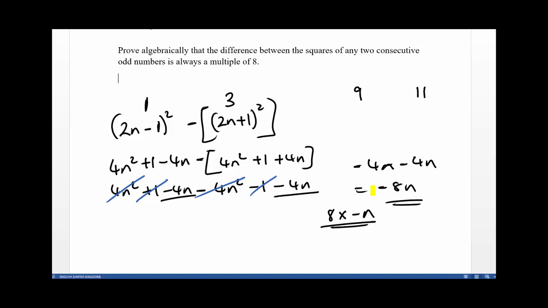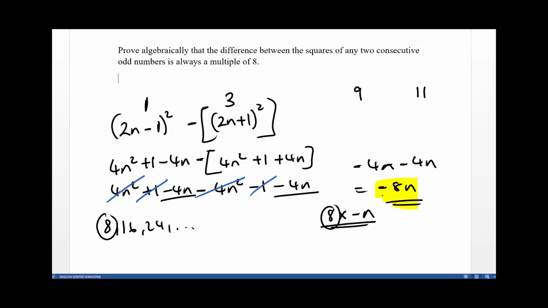Let me highlight that for you. Now, we went through what multiples are. Multiples of 8: 8, 16, 24, etc. Now, clearly, 8 is a multiple of 8. Therefore, this is our final answer here, minus 8n.